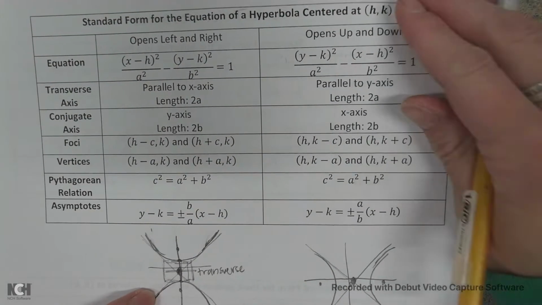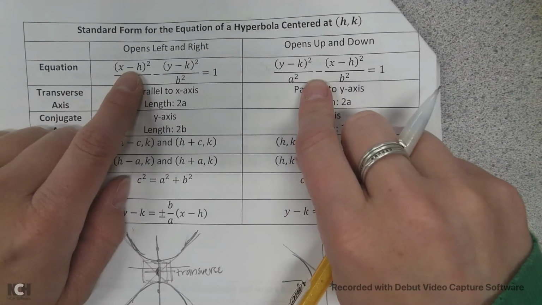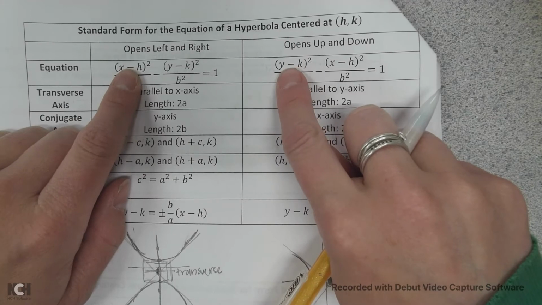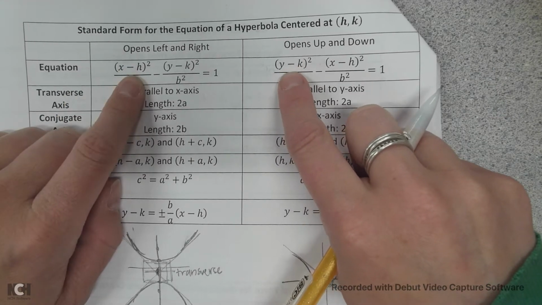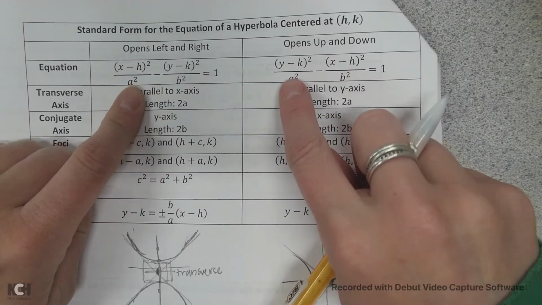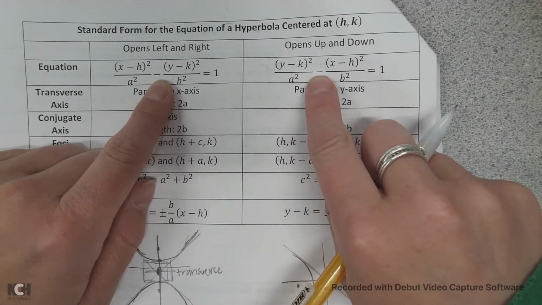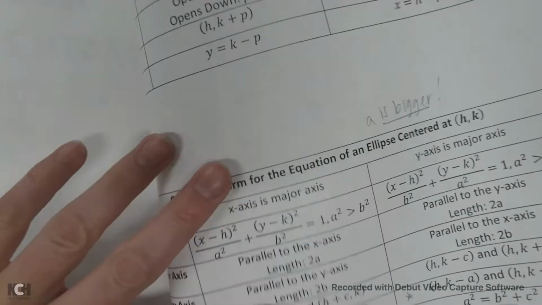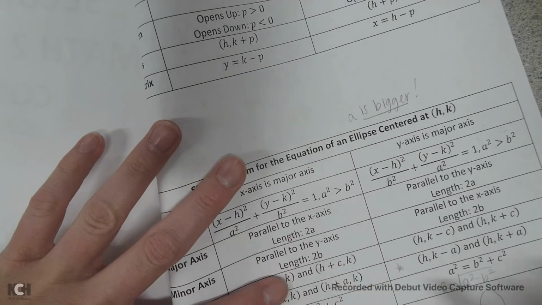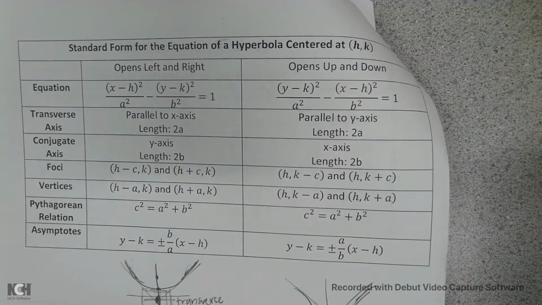Over on this side, it just looks a tiny bit different with the formulas. Notice that my x is first over here, and my y is first over here, and they switch, but a and b still stay the same. They both subtract, whereas in the other problems, we had some add. So ellipses add, but hyperbolas subtract, and they are equal to 1 as well.